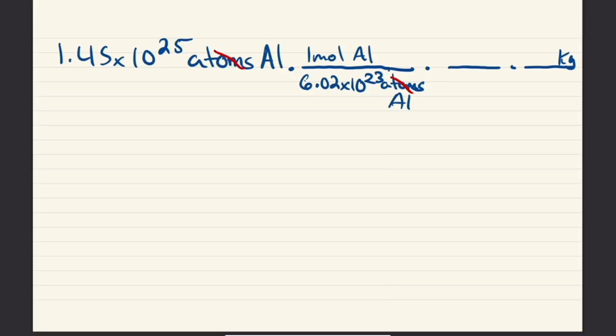To get from moles of aluminum to a mass unit, we need to utilize the average atomic mass as given on the periodic table as, I believe, 27. I will quickly pull that up.